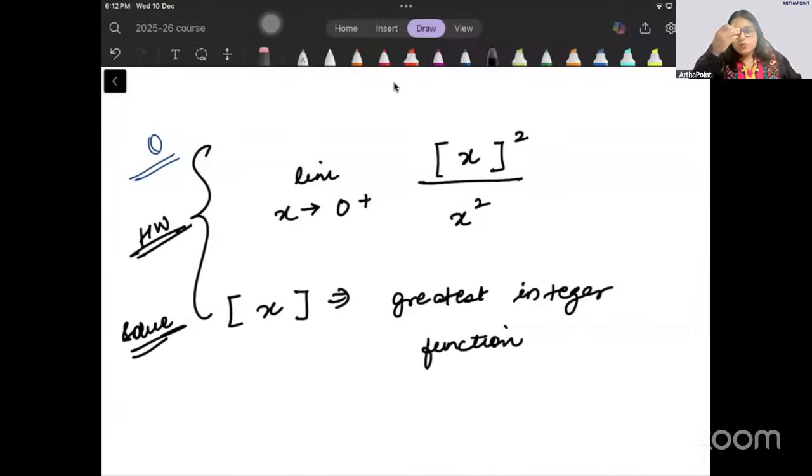I hope all of you got time to solve this homework question that I had given you yesterday. What was the answer to this one? I only saw one answer on the group. Anyone?